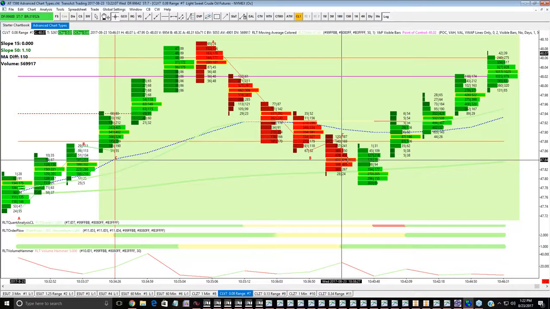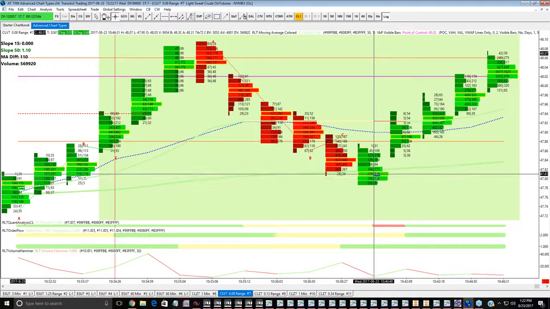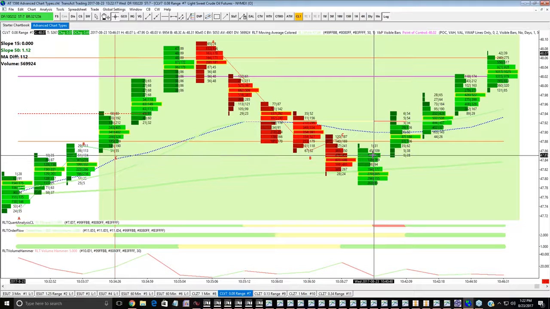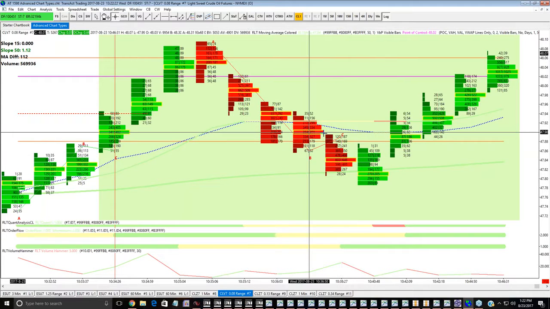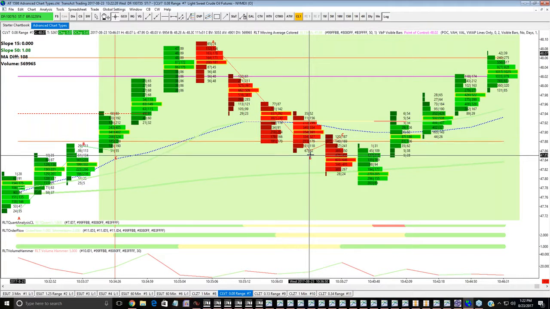Now, optimally, on a long trade, you want to see more volume above the point of control. You want to see intense buying above or intense selling below the point of control of the candle to take a short trade.